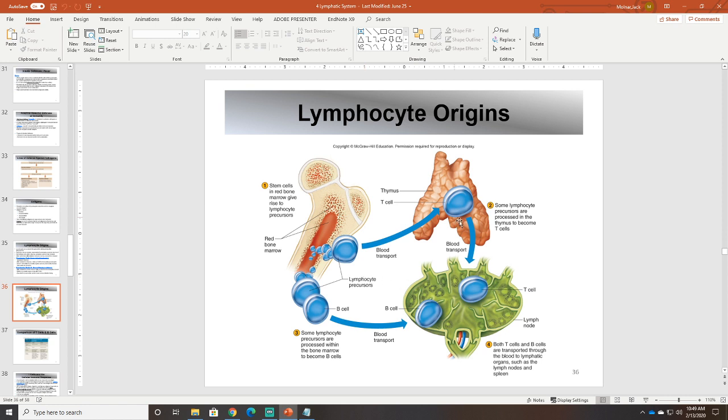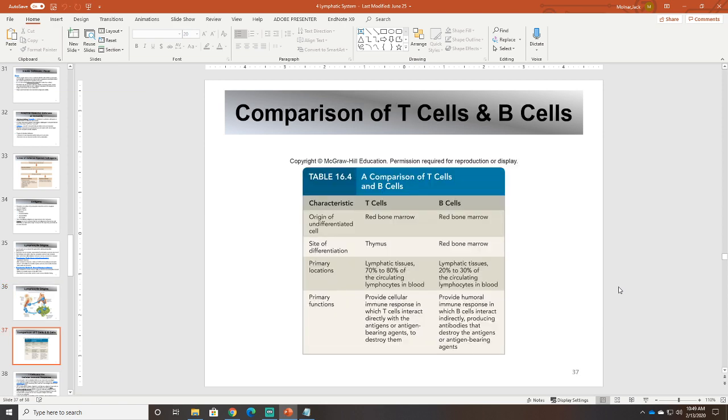Half of them will set up shop in the thymus and mature into T cells. The other half stays in the bone marrow and becomes B cells, then enters the bloodstream and travels to the lymph nodes. The mature T cells also travel to the lymph nodes, and in the lymph nodes they sit and they wait and they monitor tissue fluids. They monitor lymph.